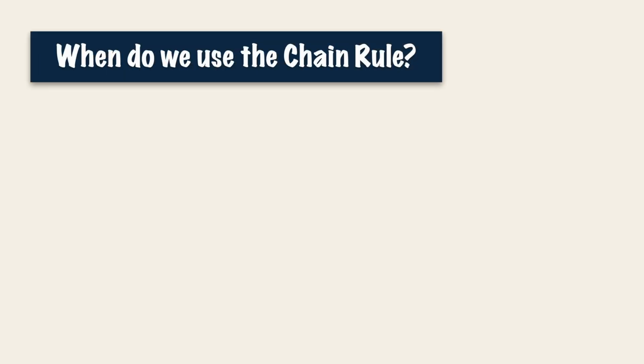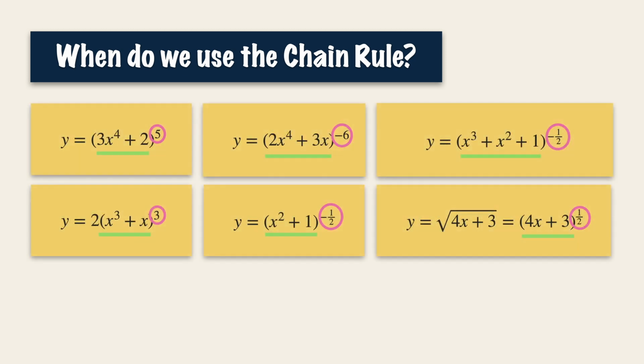Now, when do we actually use the chain rule? From the above examples, the expression takes a certain format. Identifying this format is key to knowing when to apply the chain rule to differentiate an expression. So here are some examples where you can use the chain rule for differentiation.